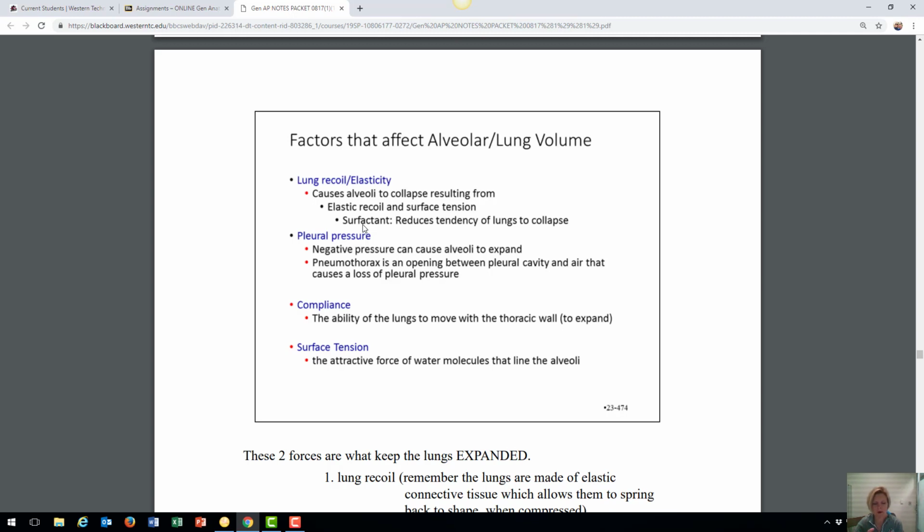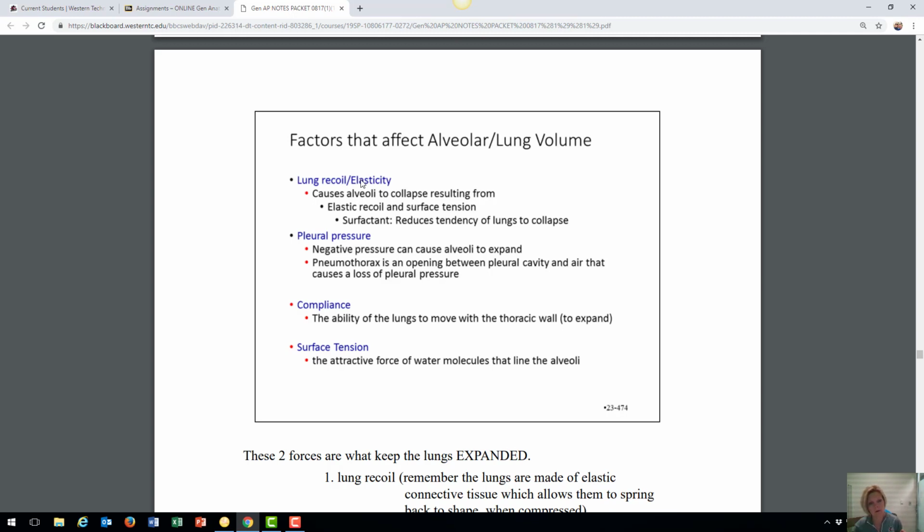So that tends to want the lungs to collapse, that surface tension due to water molecules. So surfactant is a special substance secreted by cells lining the alveoli that helps to overcome that, and that helps keep the lungs expanded. So lung recoil elasticity brings the lungs inward, allowing the lungs to go inward with exhaling.